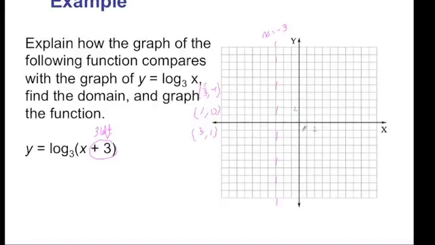So 1/3, -1 would be here, move it over 3 places. 1, 0 here, move it 3 places over. 3, 1 would be here, move it 3 places over. You could also do 9, 2 would be here, and move it 3 places over. So this becomes my graph, and the domain here is now from -3, parenthesis, to infinity.